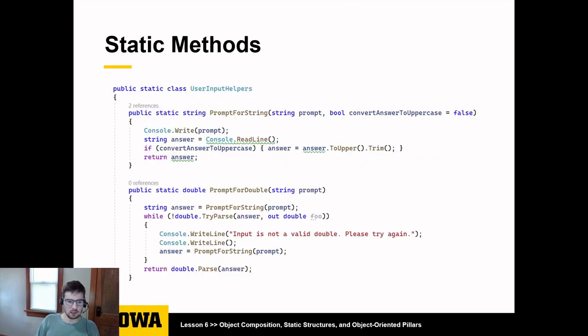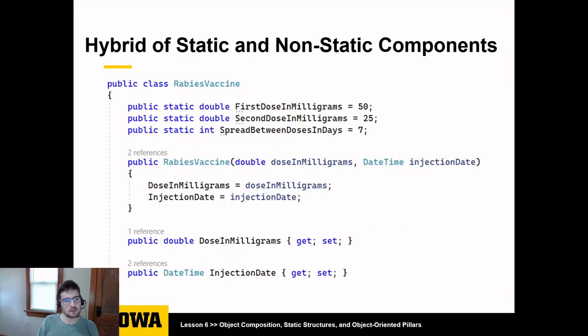All right, let's look at a slightly more involved example. The other thing is you can combine static and non-static components within the same class. So here we have a public class rabies vaccine, and you can create rabies vaccines, right? You can create a lot of these and administer them to animals, but there are also some things that are just globally true about rabies vaccines.